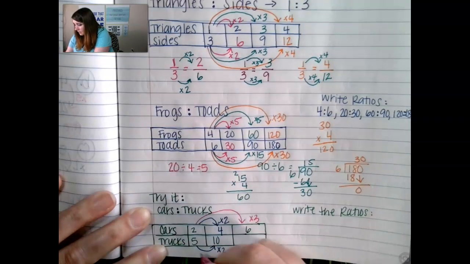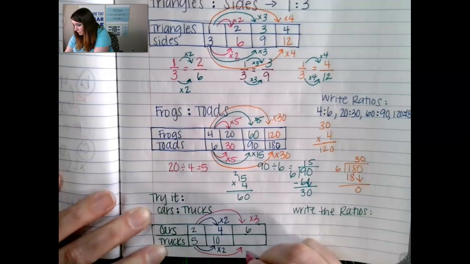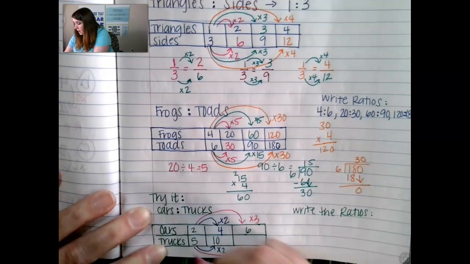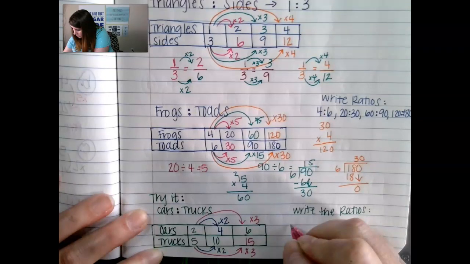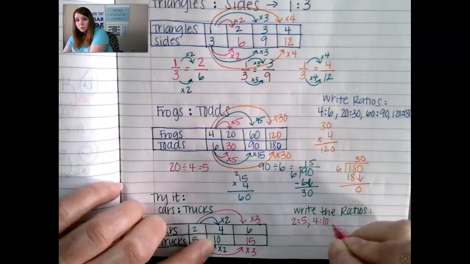So on the bottom, I'm going to multiply by the same thing. 5 times 3 gives me 15. So my ratios now are 2 to 5 from column 1, 4 to 10 from column 2, and 6 to 15 from column 3.